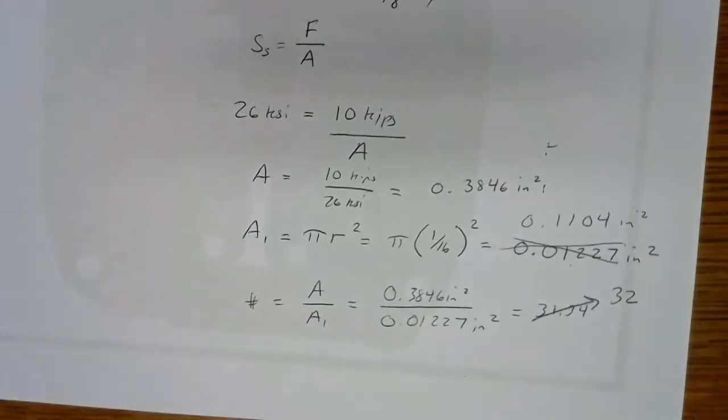Let's double check that here. Yep. Well, if I need 0.3846, I'd still divide, and I get 3.48. So I'd round that up to 4. 4 3/8 inch diameter rivets will do the same job as 32 1/8 inch diameter rivets. But 3/8 is a heck of a lot bigger rivet.